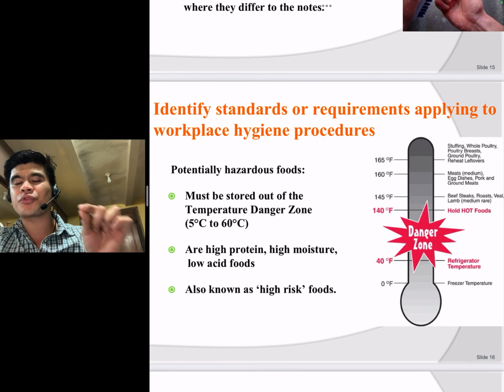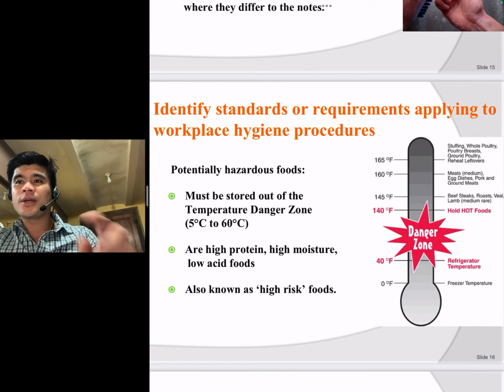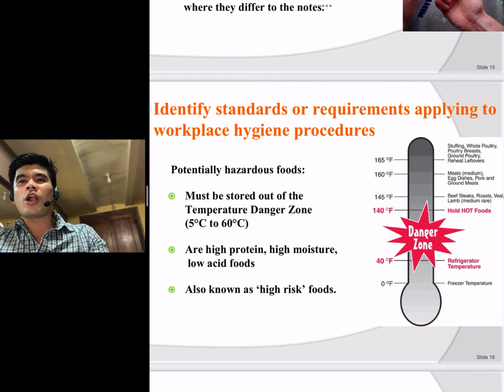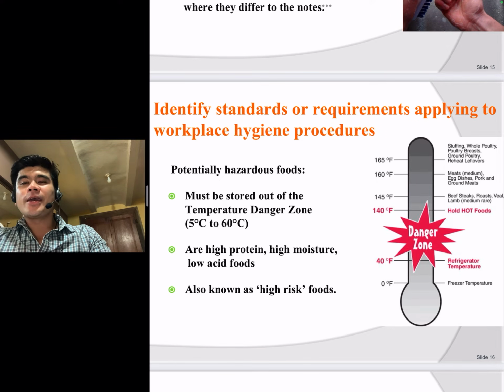But when it comes to food, I always stick to Fahrenheit so you won't be confused. 5 degrees Celsius is equal to 40 Fahrenheit, and 60 Celsius is equal to 140 Fahrenheit. But we'll stick with the picture here.